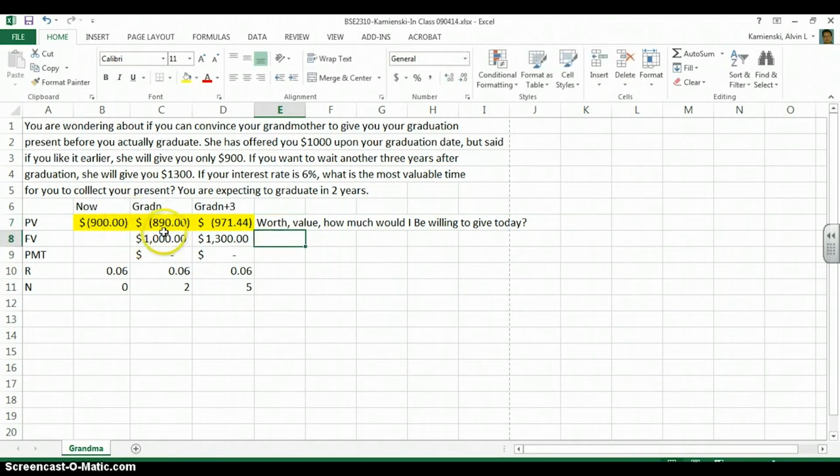You would be willing to give $890 today for the right to get $1,000 in 2 years if the interest rate was 6%. And you'd be willing to give $971 today for the right to get $1,300 in 5 years at a rate of 6%. So in this case, actually your best option is to wait till beyond graduation.